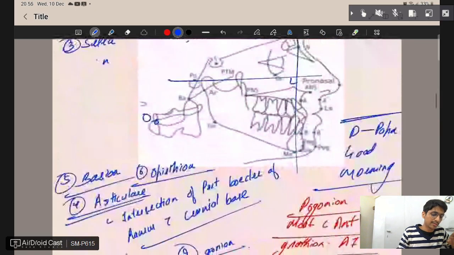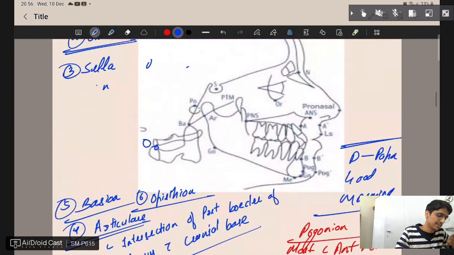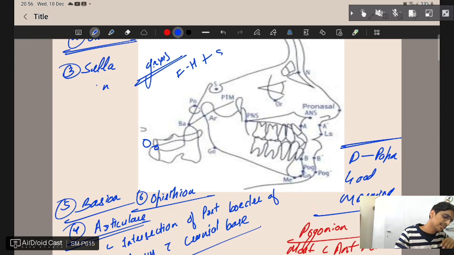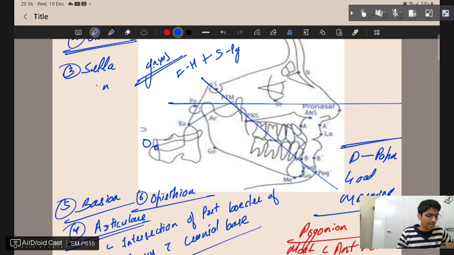For y-axis or growth axis, we have to combine two planes, FH plus Sella Pogonion. So imagine this plane going from Sella to Pogonion like this, and the FH plane normally going from Porion to orbitale. Now we are measuring this angle. This is the y-axis angle.